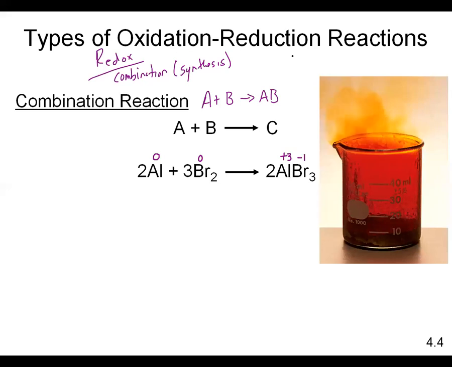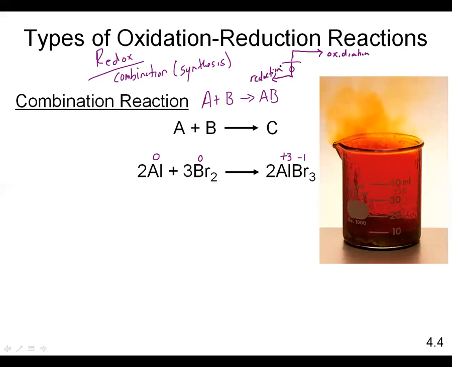So when we look at the aluminum, it is going from 0 to +3, which means the aluminum is going through oxidation. And when we look at the bromine, it's starting at 0 and going to -1, which means it's going through reduction in this case.